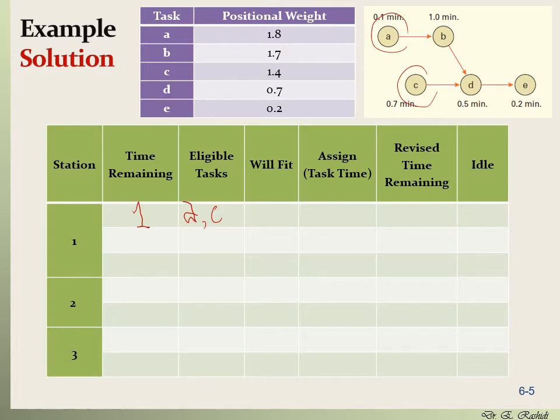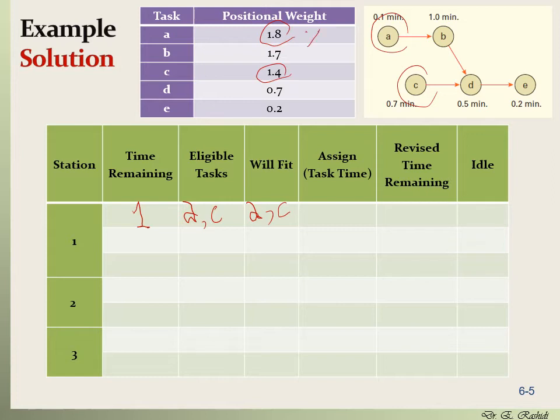Next column is whether they fit or not. We have enough time remaining in workstation 1 for task A and C; each of them would fit. Now we're going to assign a task. Between A and C, which one has the greatest positional weight? A is 1.8 and C is 1.4.